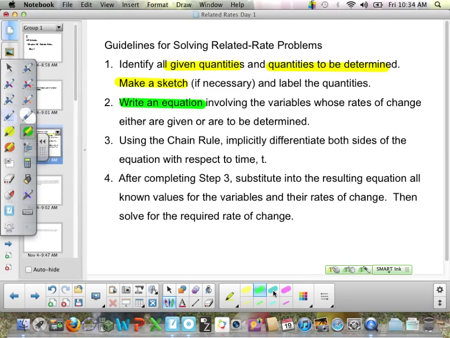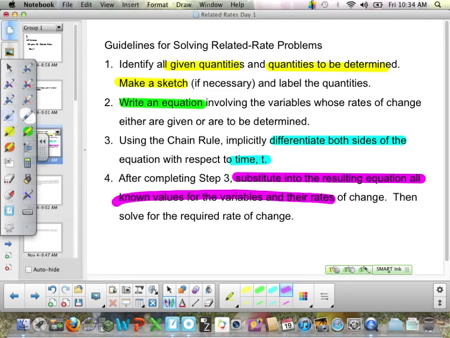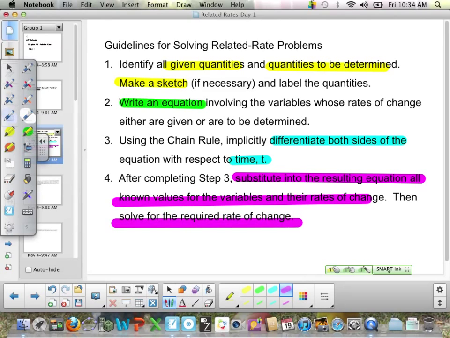Step 3 is to derive the equation with respect to time. And the final step is to substitute what you know into the equation and solve for what you don't know. It's not a lot of steps, but it takes a lot of thinking.